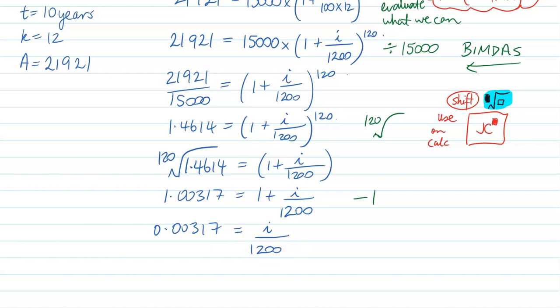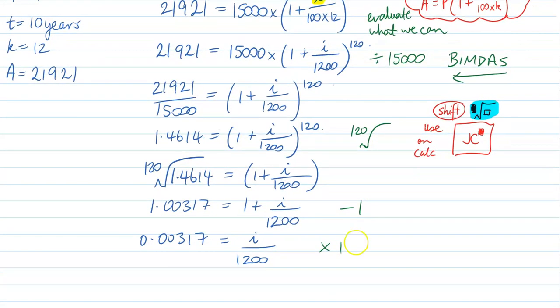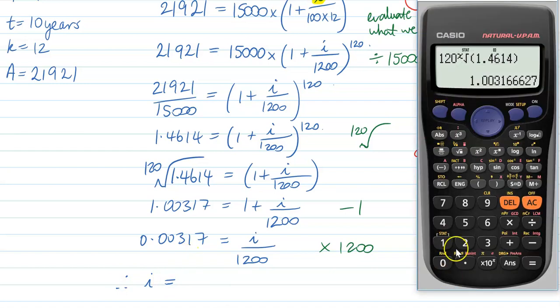And the opposite to divide by 1200 is to multiply by 1200. And we will have our i value. So 3.8% per annum.